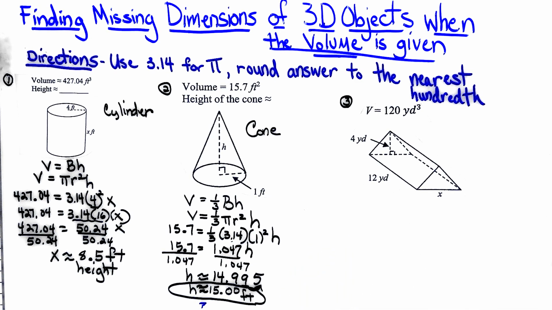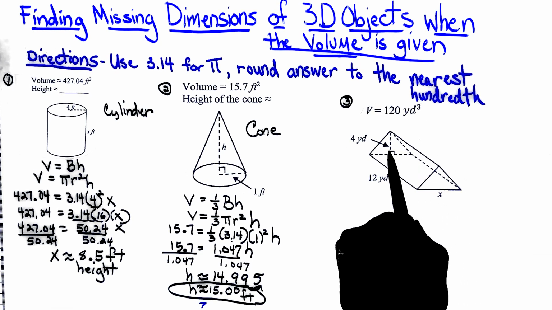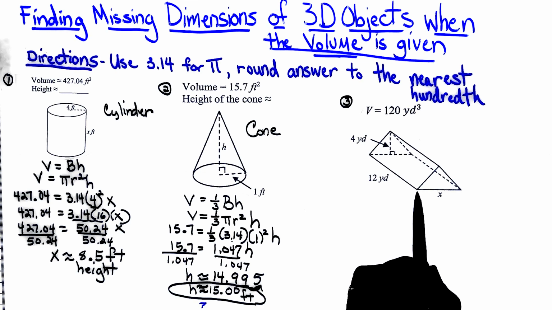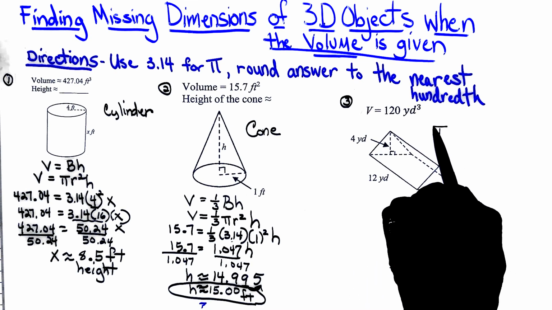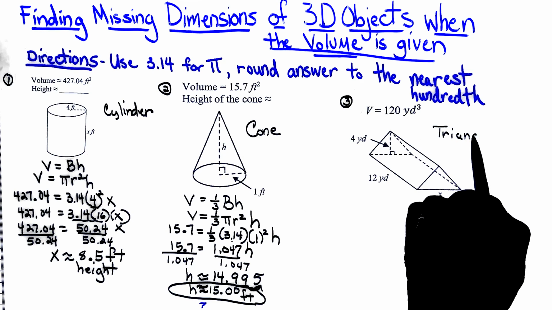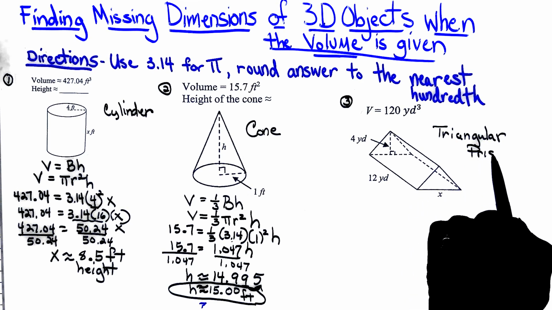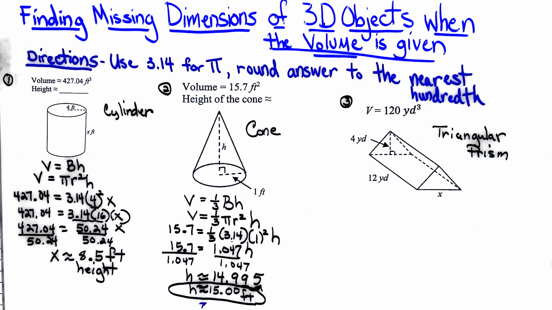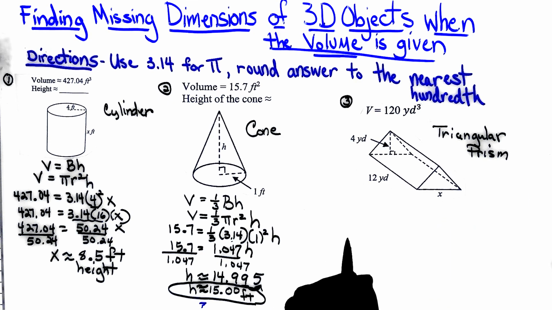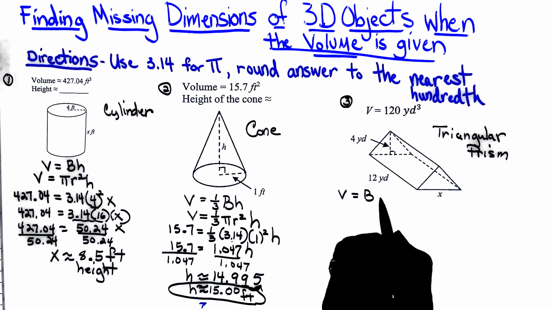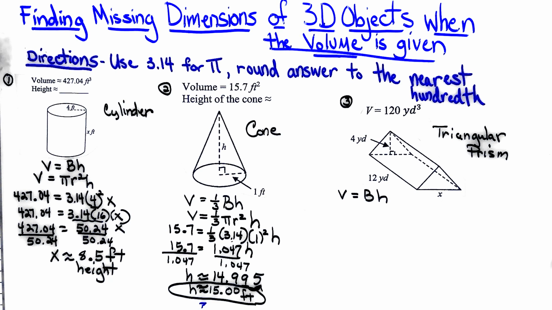All right, well, for our last one, let's see. I see triangle bases, rectangle faces. Oh, this is a triangular prism. So for a triangular prism, our formula is volume is equal to base area times the height.